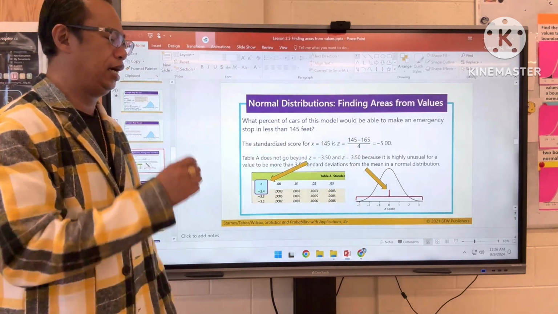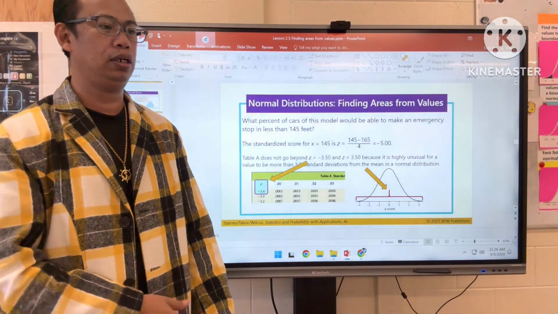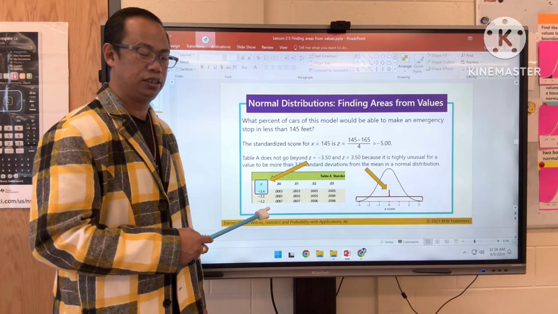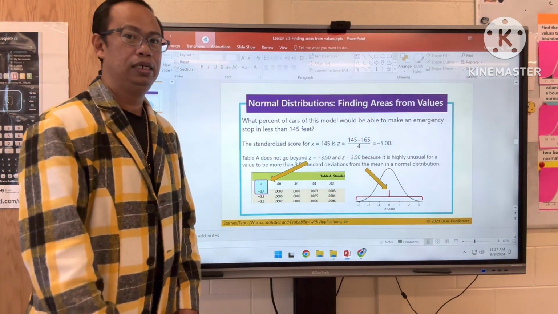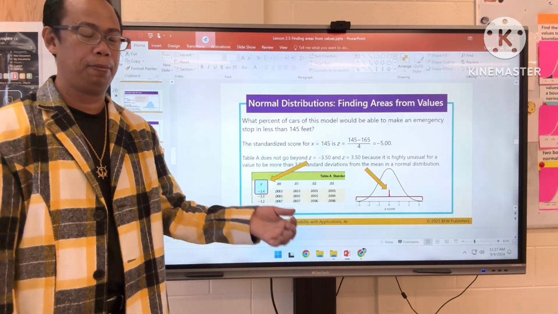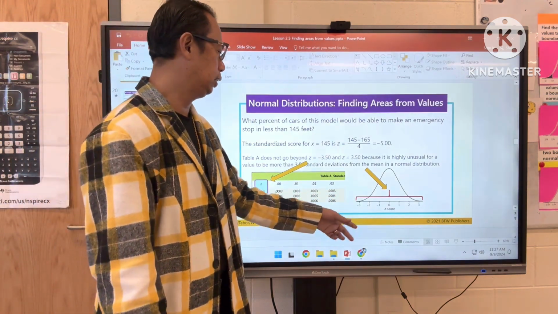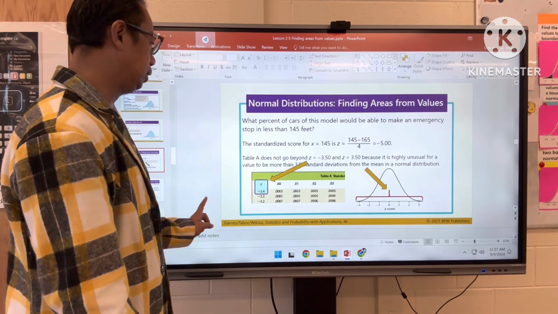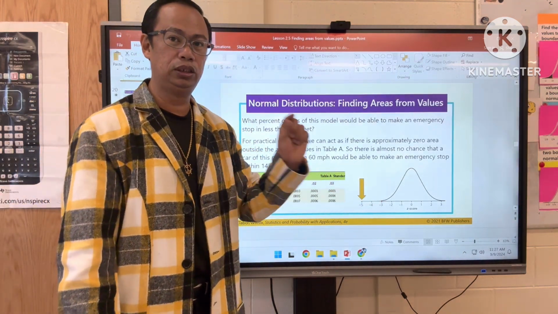And one more thing, guys. Sometimes upon calculation, there is a value more than 3.4, or 3.6 negative, or negative 5. This is very minimal to happen. So in this case, we cannot see everything in the graph, because this is too thick and this is too thin.